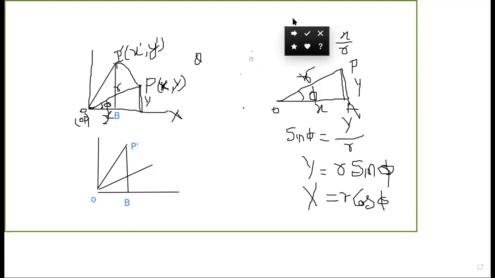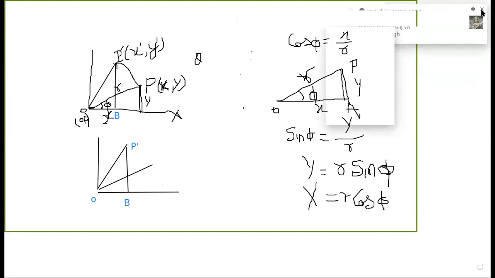Phi. Where is the pen? Anybody can tell me where is the eraser? The drawing tool is there, but where is the pen?